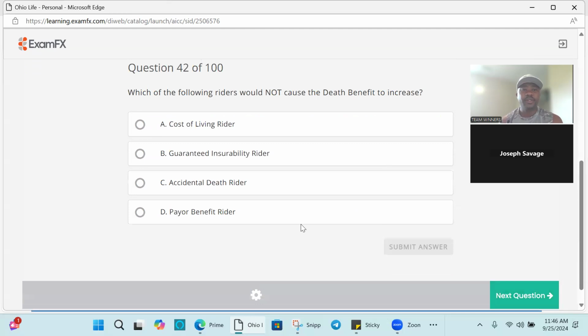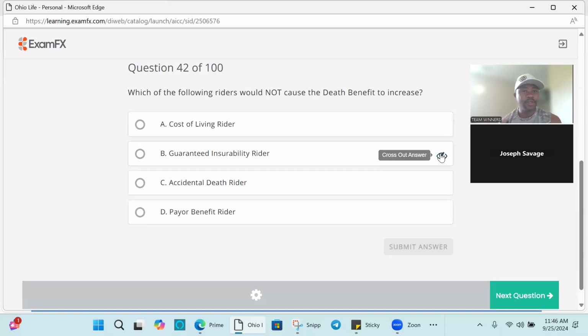Which of the following riders would not cause death benefits to increase? Cost of living would not cause death benefits to increase.